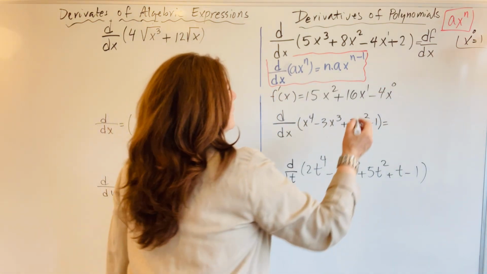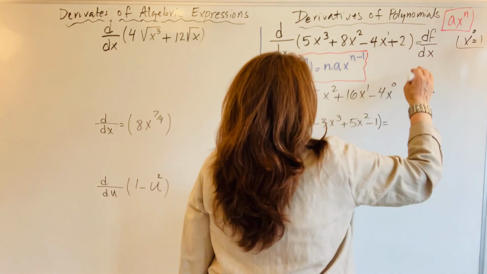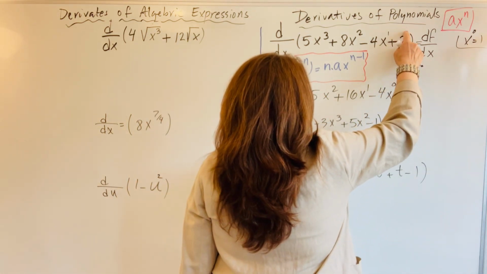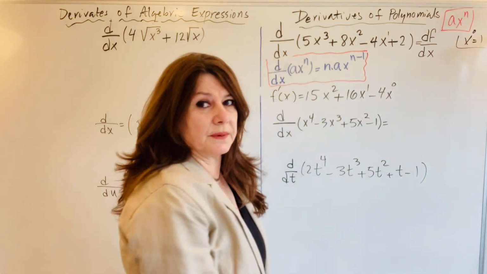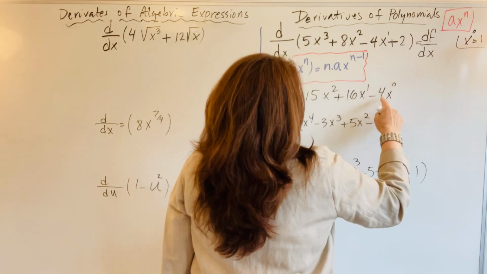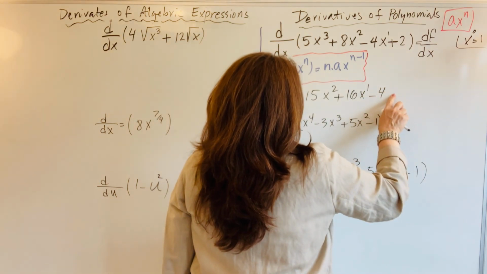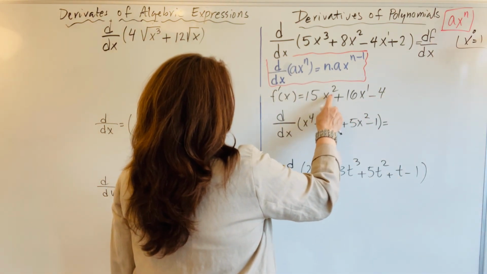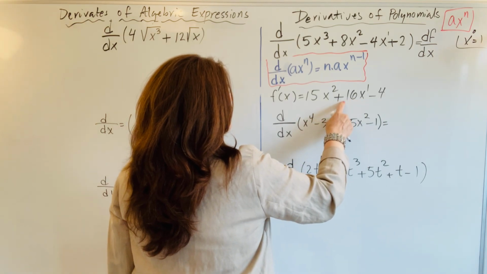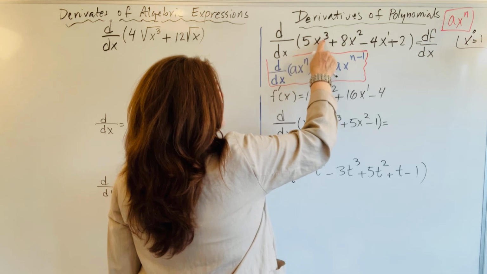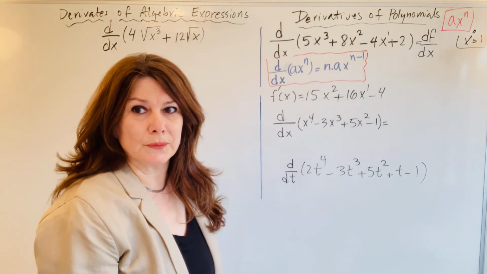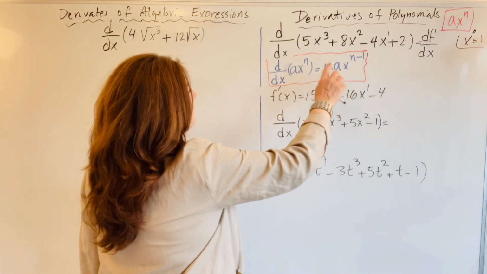And 2 is a constant; a constant is actually x to the 0, and x to the 0 just disappears. So 15x squared plus 16x minus 4 is the derivative of this one. This is degree 3, this is degree 2. Good.